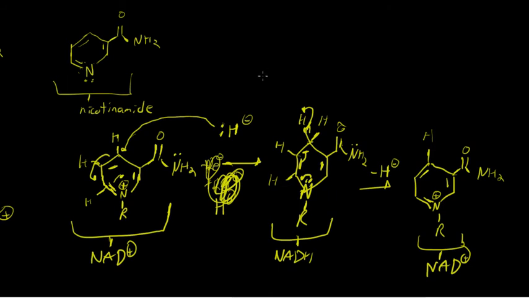And when you have reduction, the hydrogen is bringing its electrons along with it. It's really not just a hydrogen, it's a hydride anion, so it has a pair of electrons. It's bringing both electrons to form a bond with the carbon. So you're gaining a pair of electrons. And conversely, in oxidation, you're losing a pair of electrons.